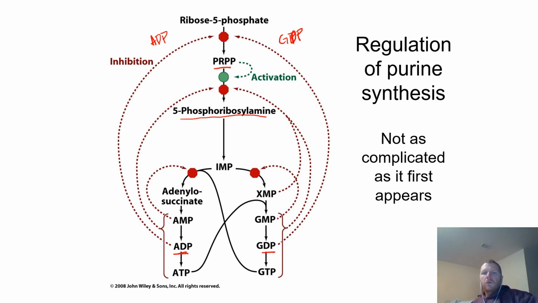Which kind of makes me think that the reason you don't have the analogous molecule, adenylosuccinate, inhibiting this step is because this is a good way to regulate when one of the pathways is on.